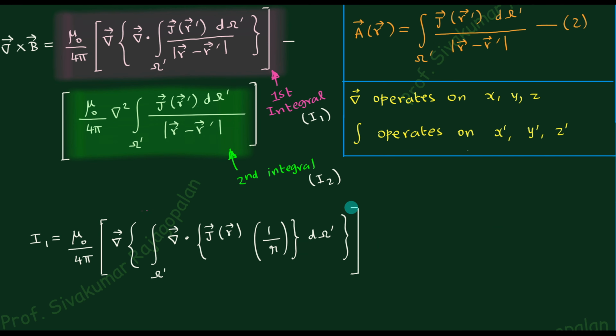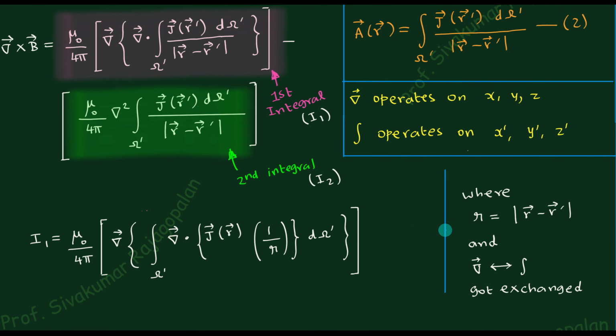That completes the pink color first integral. And now we are ready to perform the integration. You know what we have done. We have simply used the script r. That is the first thing. Second thing, the del operator and the integral got exchanged. So these are the points that you note down.